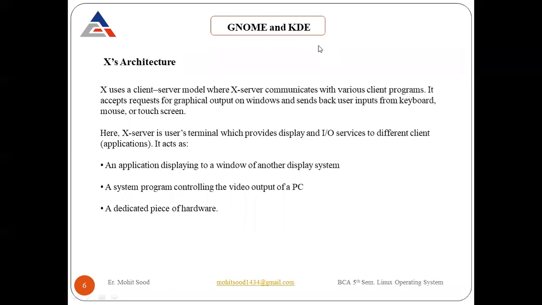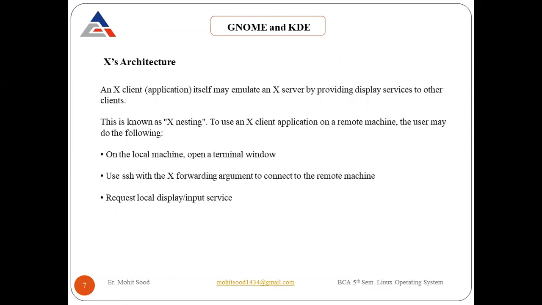The second point is that it is a system program controlling the video output of a PC, a dedicated piece of hardware. So this is the definition of X architecture, where the X server communicates with the various client programs.